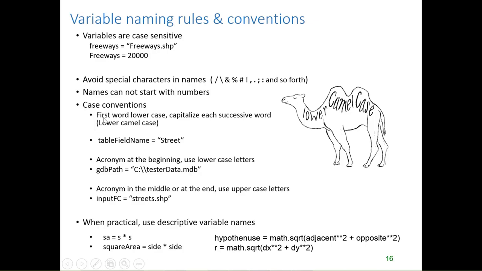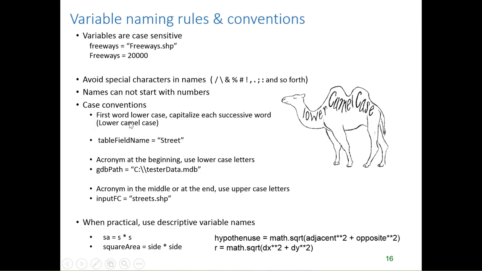And for case conventions, we like to use lower camel case. If you have more than one word in your variable, you can't have spaces in a variable name, but you can have underscores. But you can also just put the words together and use lower camel case to capitalize each word inside.